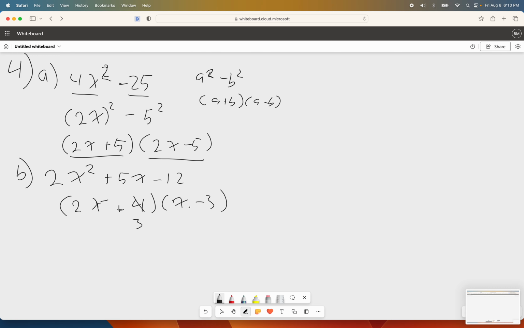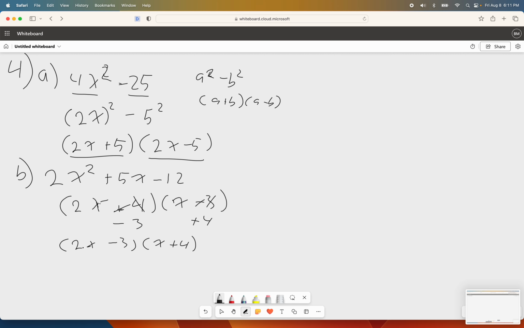So what if we swap these? What if we said this is a 3 and this is a 4? Then we'd have 3x minus 8x, which gets us really close, but we're going to end up with negative 5x. So what if we swap the signs here? I'll just turn this into a plus right here. So let's do it: 2x minus 3 times x plus 4.